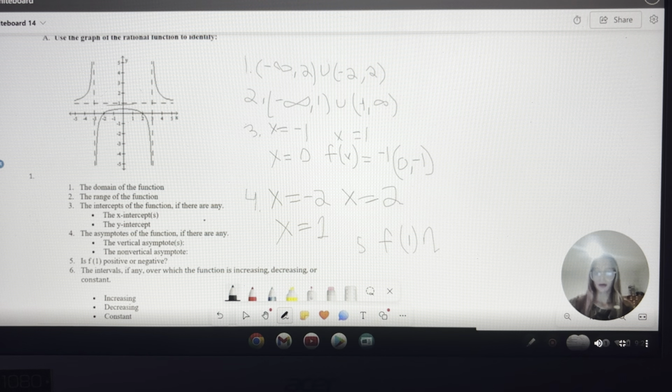The intervals over which the function is increasing, decreasing, or constant.